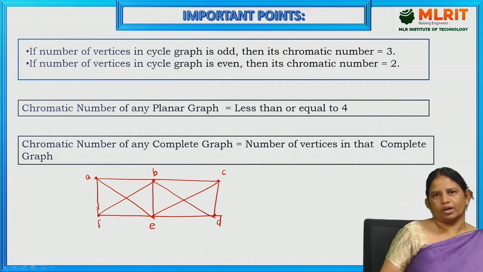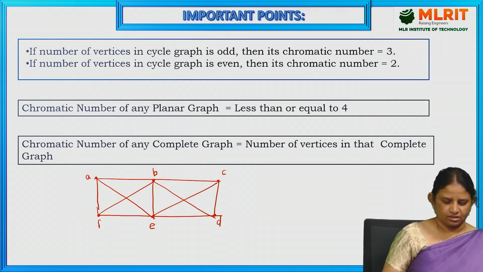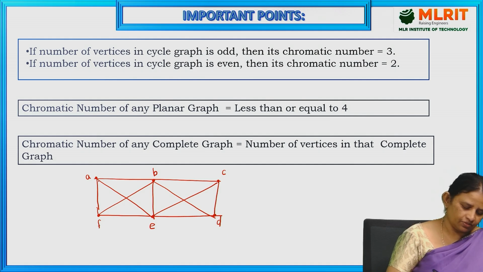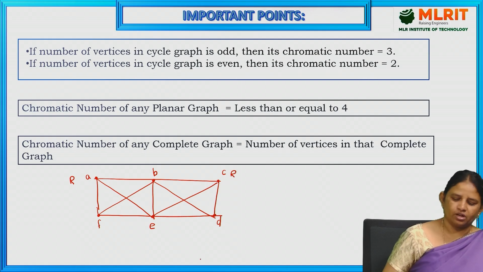What is the chromatic number? This is the last example we discuss, and then we can close. First, vertex A is colored with the red color. Don't use the red color for B, F and E. We can use it for C, because A and C are not adjacent.